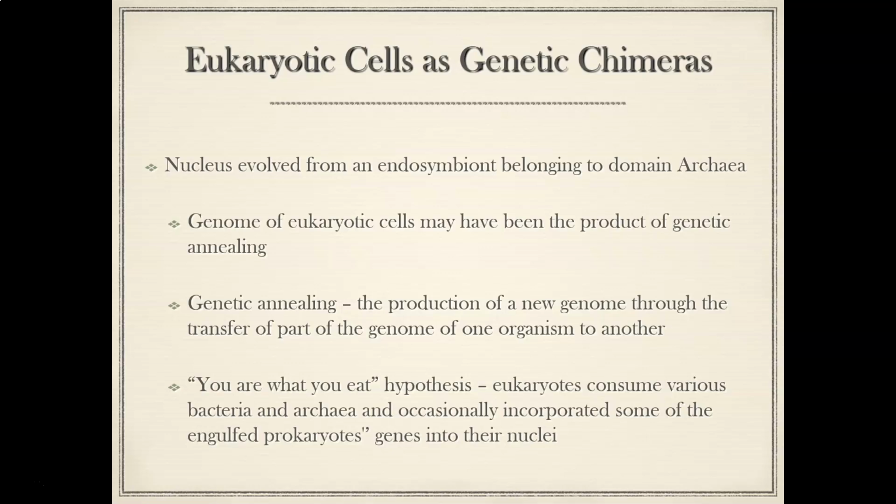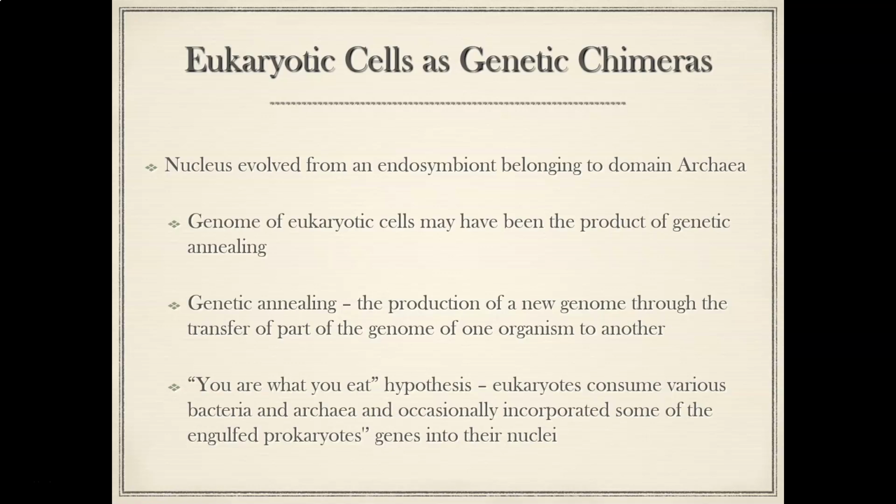So your genome is probably a product of what we talk about as genetic annealing, which is the production of a new genome through the transfer of parts of genomes from one organism to another. Basically, we're this big hodgepodge of genetic information that would have gotten taken from all sorts of sources until it was combined into the genome in these eukaryotic cells. Basically, you are what you eat.